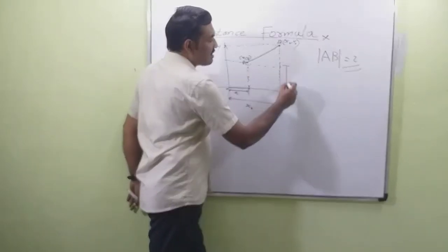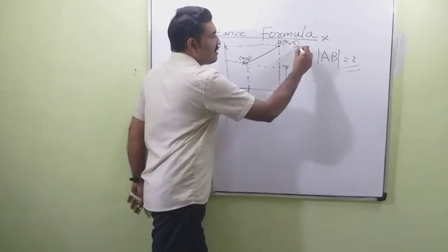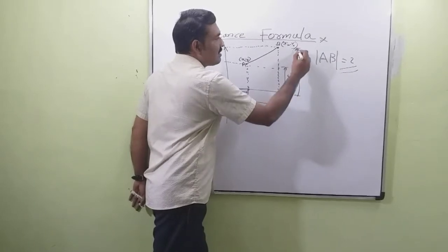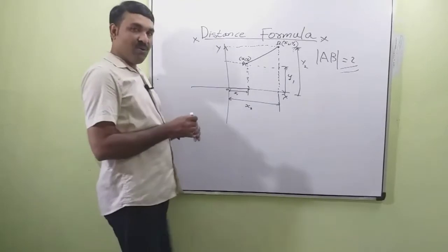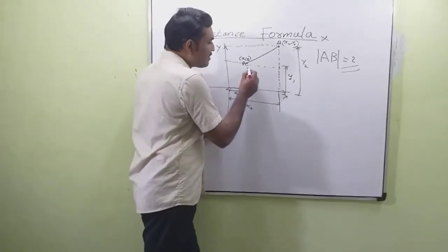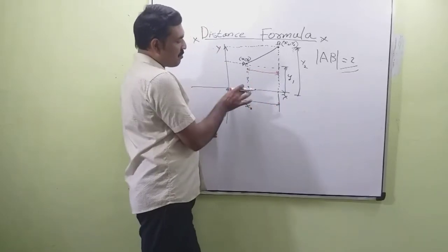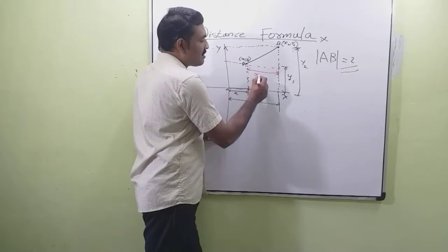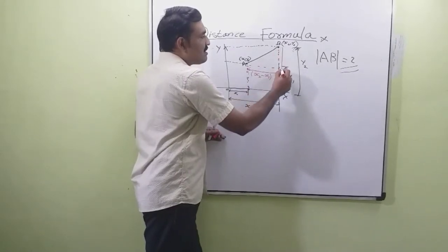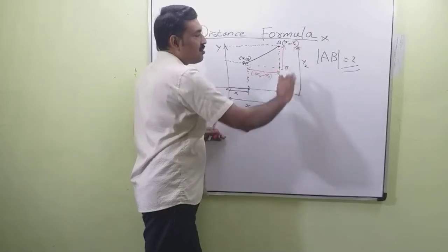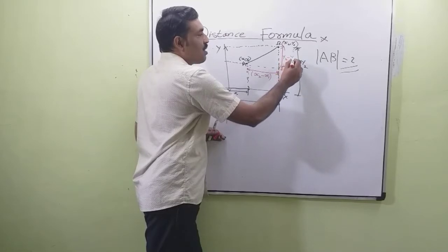Now this distance is y1 and this distance is y2. Okay, now what is this distance? This distance is equal to x2 minus x1. And this distance is equal to y2 minus y1.